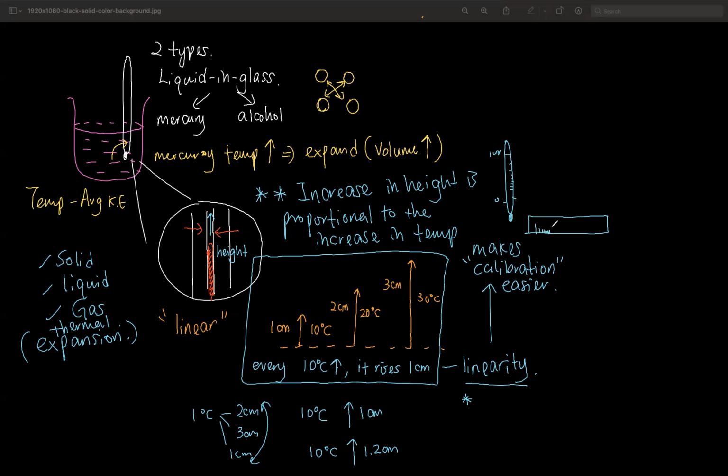Okay, you're putting the divisions. Yes, you're doing the divisions and you're doing the marking on the ruler or on any instrument. That is called calibration.